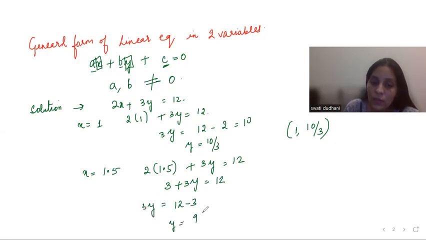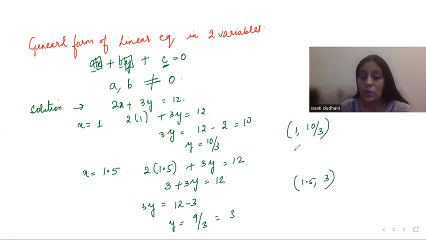So y is equal to 9 by 3, which is 3. So if x is 1.5, y is 3. Likewise, you can find infinitely many solutions. Take any random value of x or y, substitute and find the other value. This is why we say that a linear equation in two variables has infinitely many solutions.